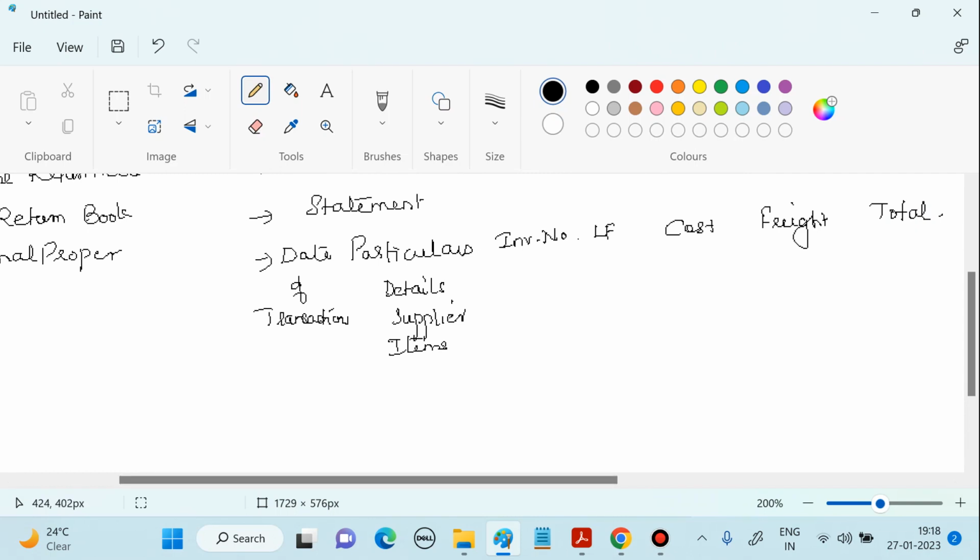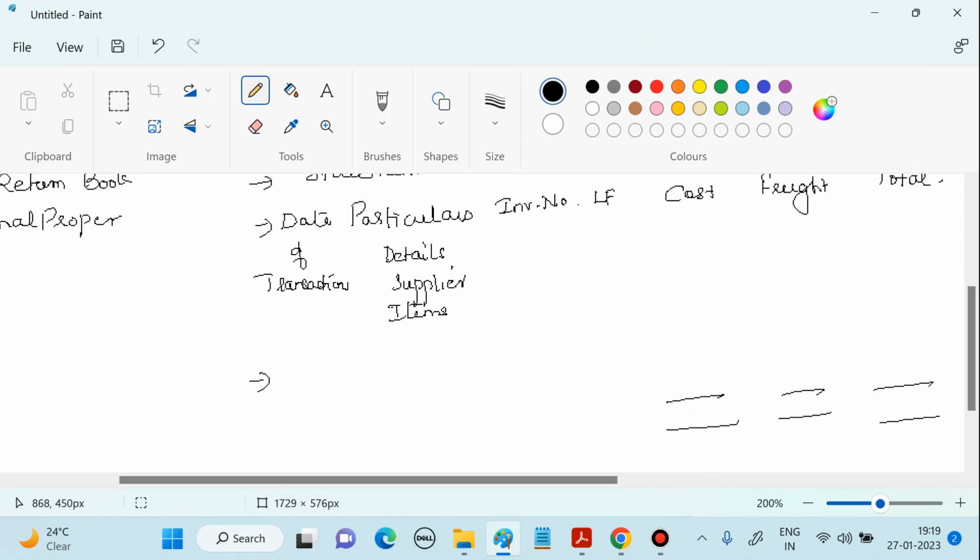Next, I will talk about the posting of the amounts from the purchases book into your ledger. How it will be done. So here in the purchase book, you'll write like this individually. You total up, and the total that you get, the total of this cost would go into the purchases account.